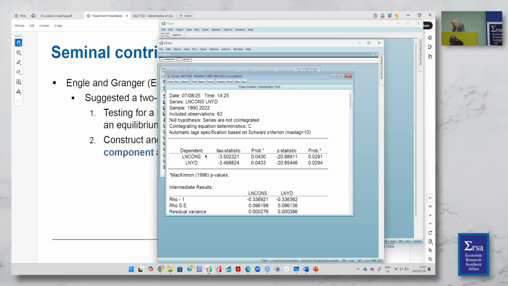And here the null is, just read the English, two variables, consumption and income, the null is they are not integrated. We reject that null at the 5% level.